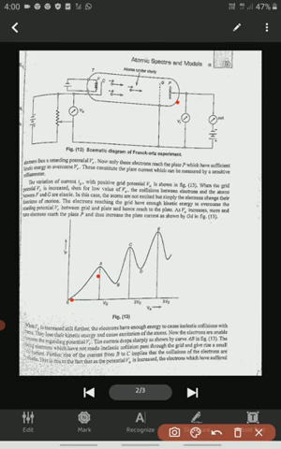Here, between electrons and atoms, elastic and inelastic collisions are taking place. What is the meaning of elastic and inelastic collisions?